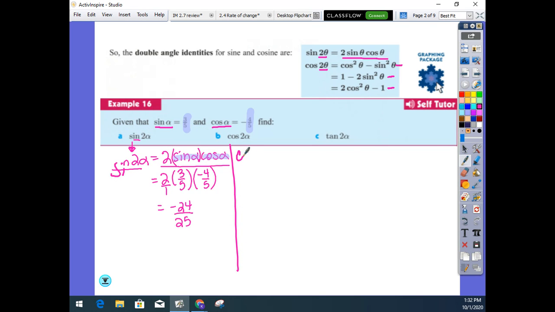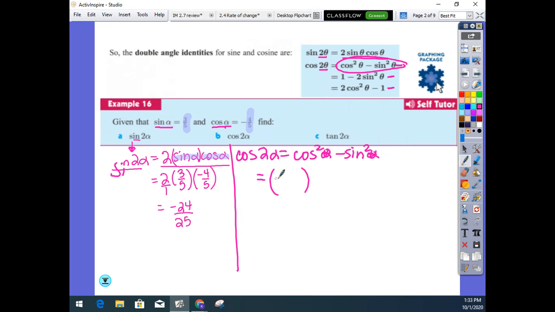All right. If you know both sine and cosine, I think the easiest one to use is the top one. You can get the answer with any of them, but I'm going to use the top one. So I'm going to replace cosine. Oh, and I should always match my variables, right?